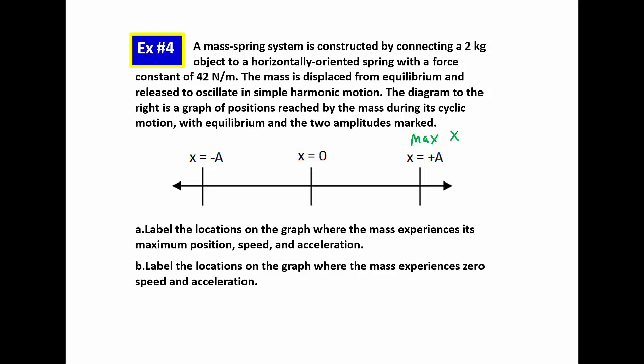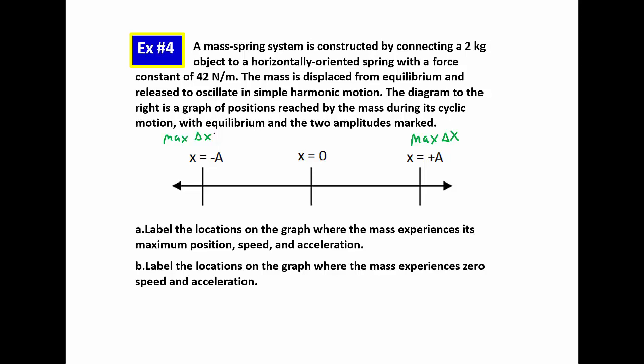It's not going to be any closer, not going to be any farther from 0. So the maximum displacement occurs there, and also over there, for our maximum position away from the reference point.